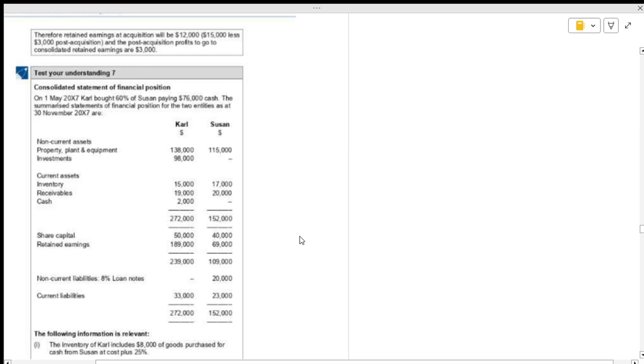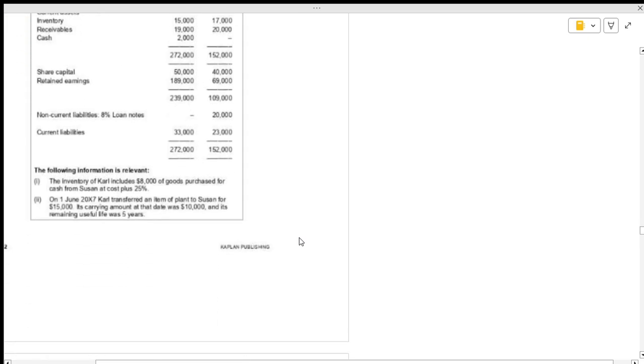Fine. Now what they are saying, same thing. This is the last question you are doing. You should have perfection on this. Inventory includes 8,000. Every other point which we have done from the beginning till the last concept, we are covering here, a comprehensive examination model. In the examination they will give a little bit less, but here they are covering everything.